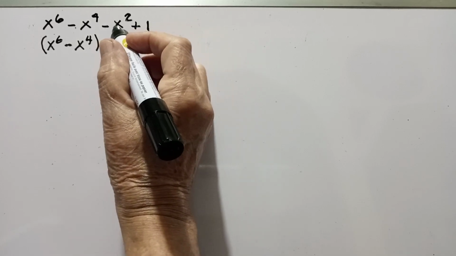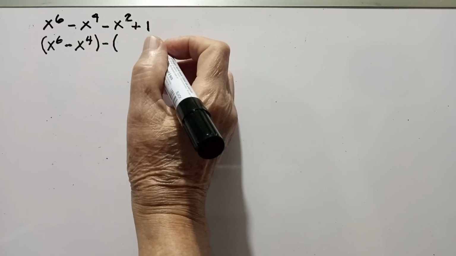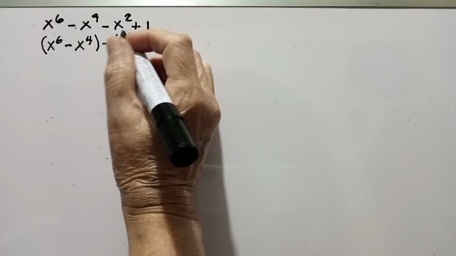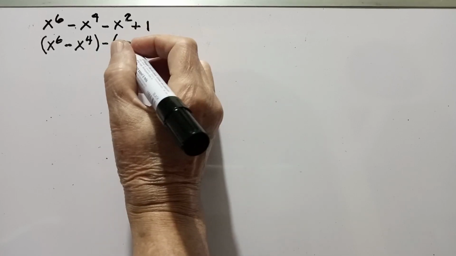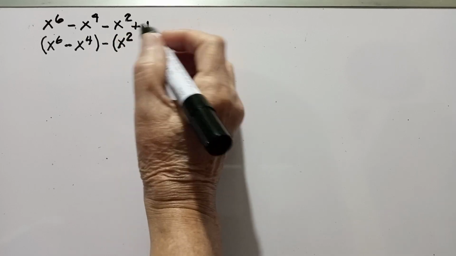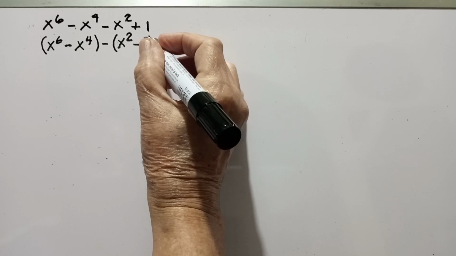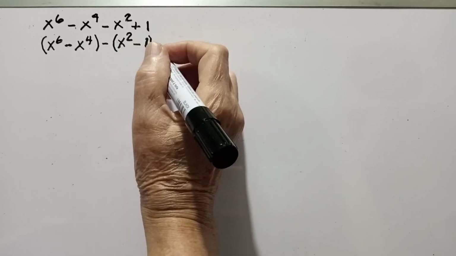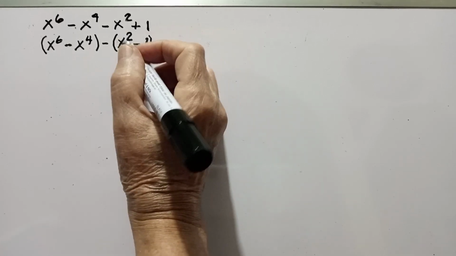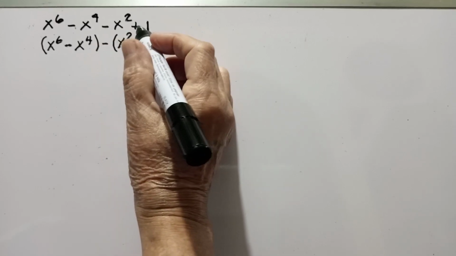So this is negative x squared inside the parenthesis, or inside this quantity, this will become positive x squared. This is plus 1, so that becomes negative 1. Because when we take out this parenthesis, this positive will just become negative, and this negative will become positive.